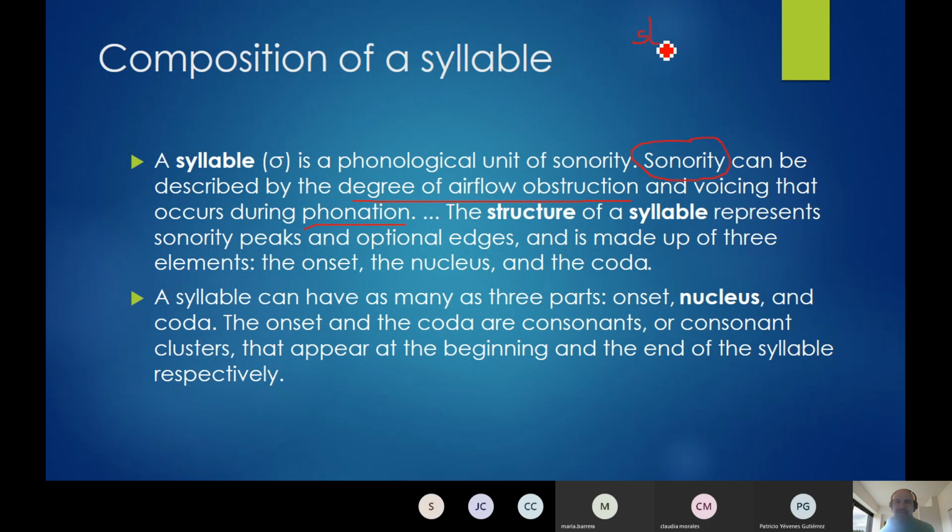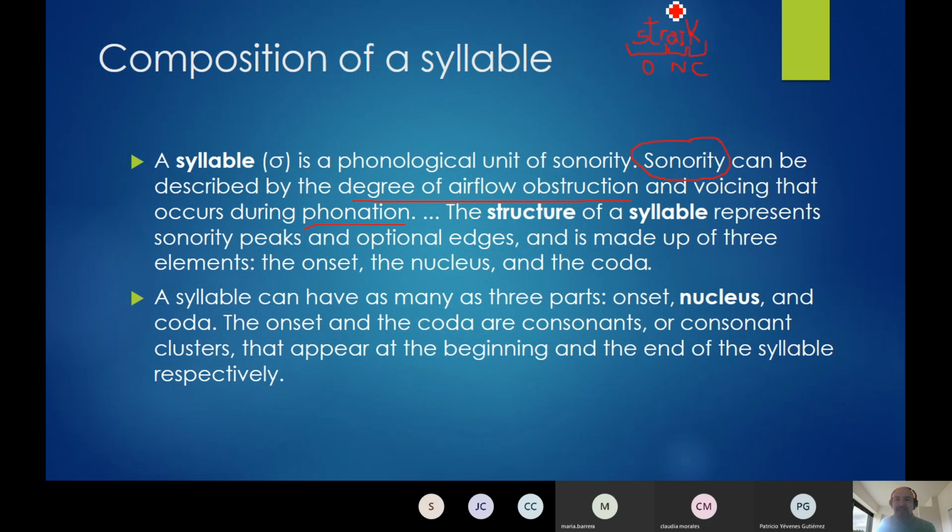When we consider strike, we have this consonant cluster at the beginning, which is going to be considered the onset. Then we have this diphthong, which is going to be considered the nucleus, right? And we will have this final consonant sound, which is going to be considered the coda, right?